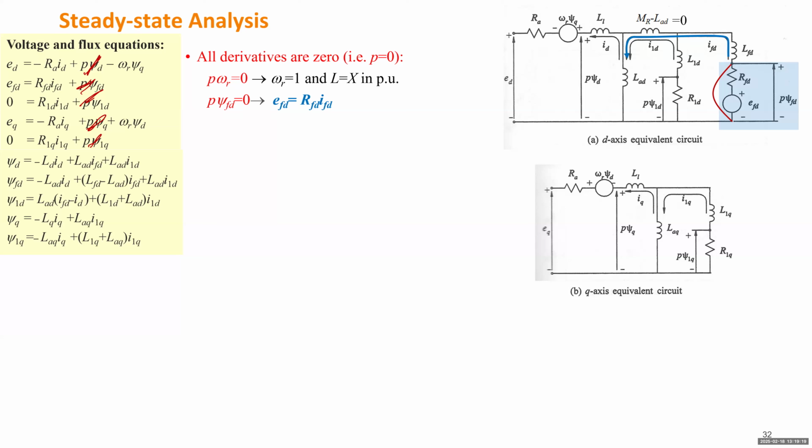P psi FD is zero, which means this term is crossed off. So immediately we know the field voltage is the product of RFD and IFD, which on this circuit is equivalent to a short circuit connection between those two terminals. So we get rid of the impact of this branch from the first circuit.